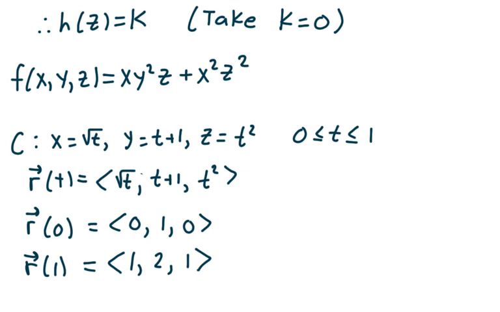Now, from here, we're going to define this vector valued function. R of t is a vector where the first component is square root of t, the second component is t plus 1, and the third component is t squared. R of 0 is equal to the vector 0, 1, 0. R of 1 is equal to the vector 1, 2, 1.